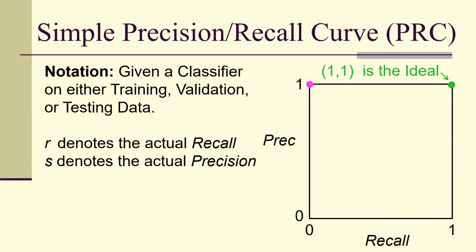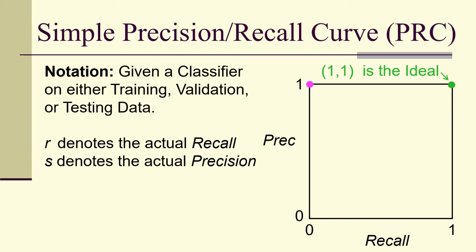If we put this in a unit square with precision as the vertical and recall as the horizontal, then the worst case is the (0, 1) point, and the (1, 1) point is the ideal. That's kind of our goal.